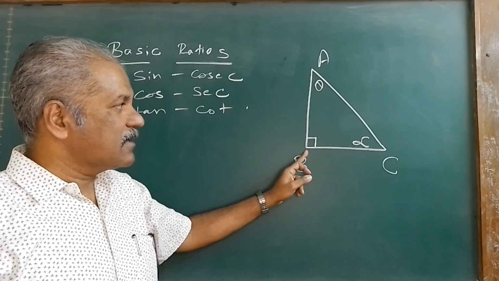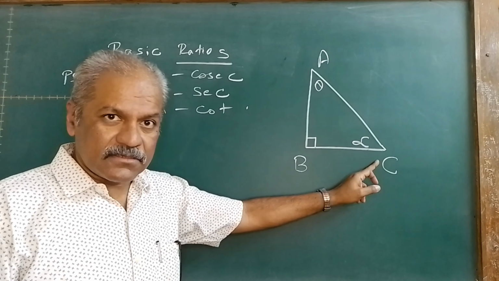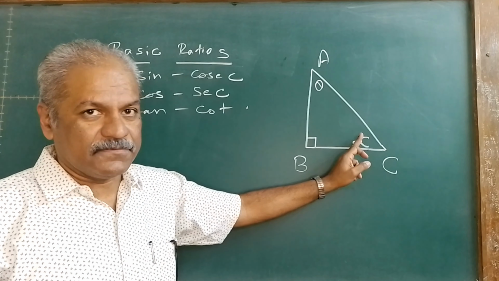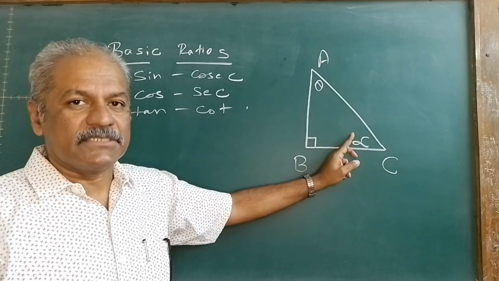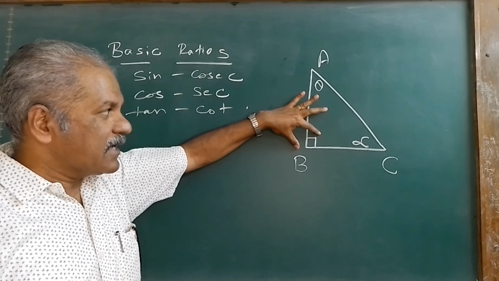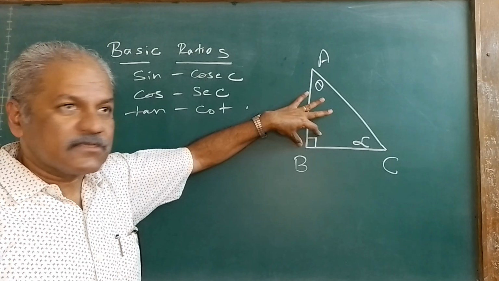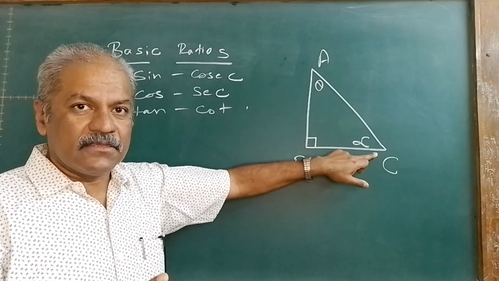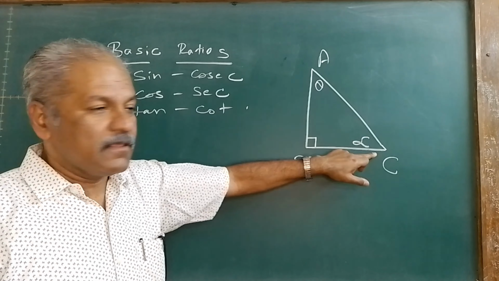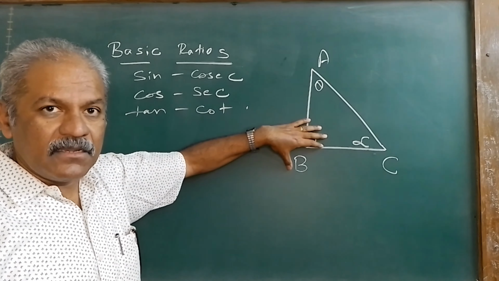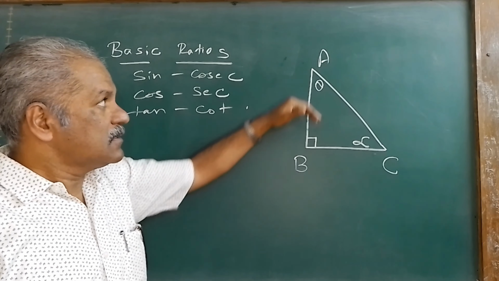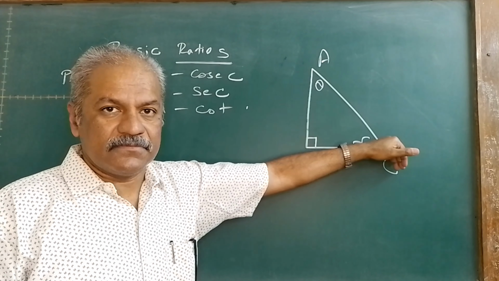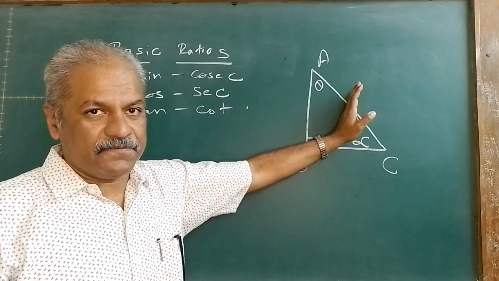One thing, angle A plus angle B plus angle C, think for a second, what is the total of three angles of a triangle? Yeah, 180. Out of that, angle B is 90. So the remaining two will be 180 minus 90, that will be 90. Which clearly means, if we take out B angle 90, the remaining two, A plus C, is going to be 90, because the total has to be 180.